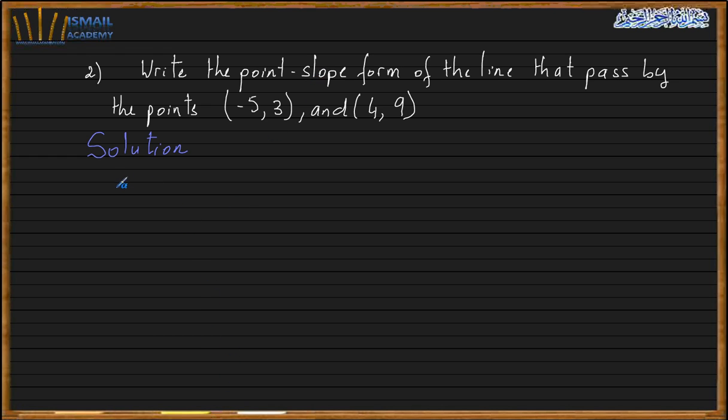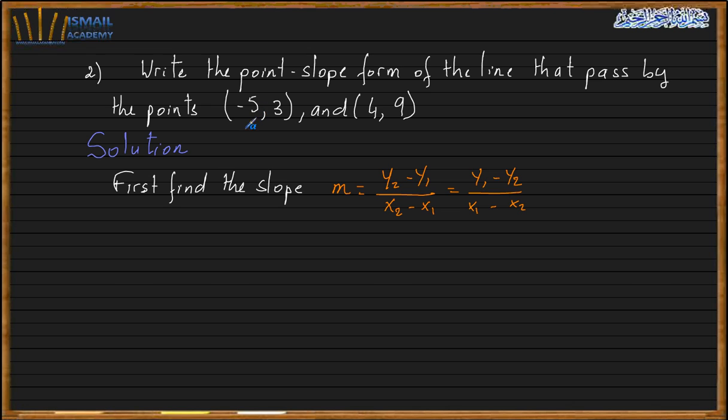So first, find the slope. And we know the slope is the following: m is y2 minus y1 over x2 minus x1, or you can choose y1 minus y2 over x1 minus x2. Either way. So this is my x1, y1, x2, y2.